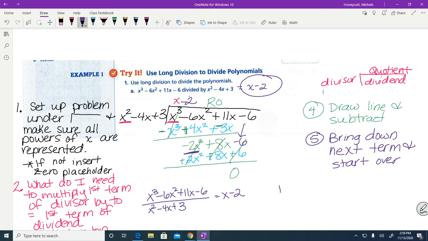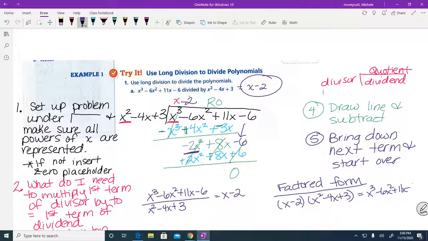If I want to write it in factored form, then I know that if I take x minus 2 and multiply it by that divisor, then I'll get the dividend, x cubed minus 6x squared plus 11x minus 6. But whenever you're looking for the answer or the quotient that you have to enter, x minus 2 is your answer. So the number that's on the top, that's your answer.